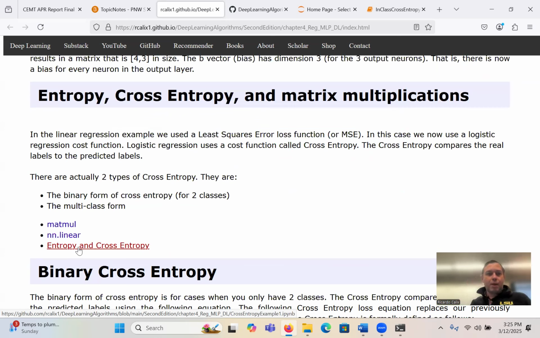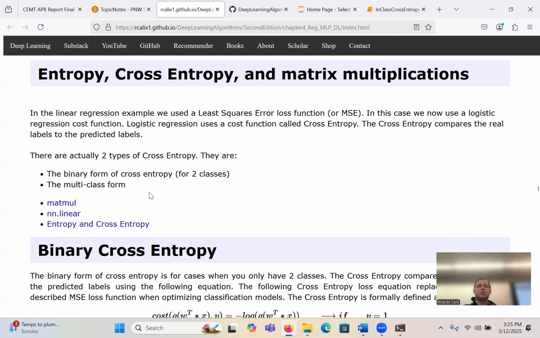So in the linear regression example, we use the least squares error loss function, or MSE, the bowl shape, right? Y minus y hat squared. In this case, we now use a logistic regression cost function or cross entropy. I should have said a classification function, but it's because here I'm talking about logistic regression.